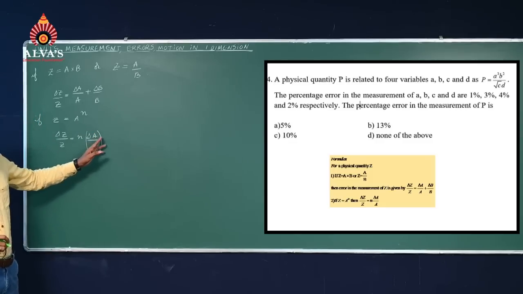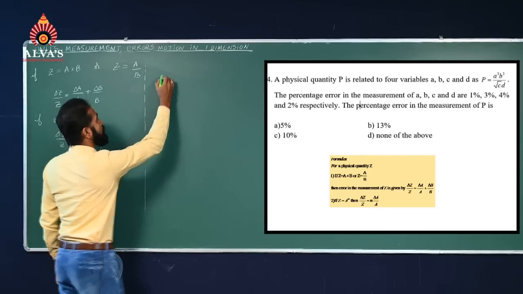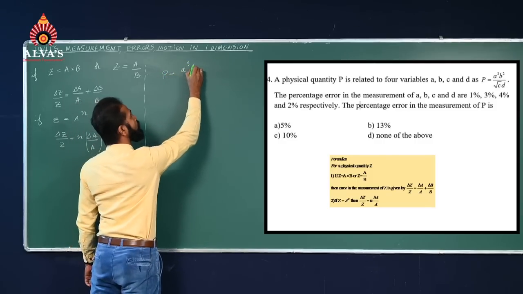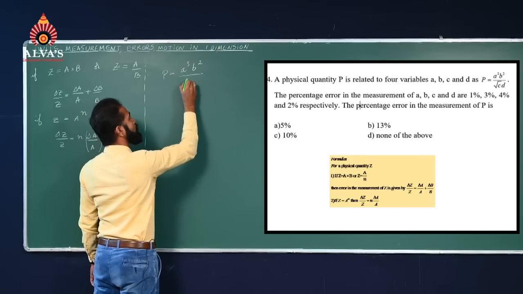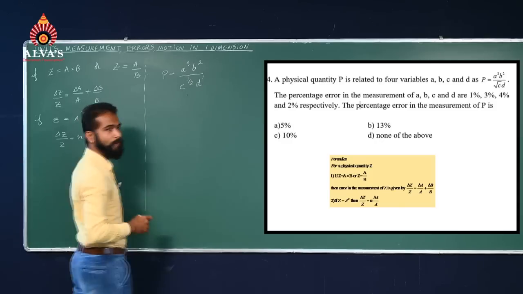Now using these formulas, let us solve the given question. The given physical quantity is P is equal to A cube B square divided by root C into D, which can also be written as A cube B square C to the power half, and the remaining is D to the power 1.